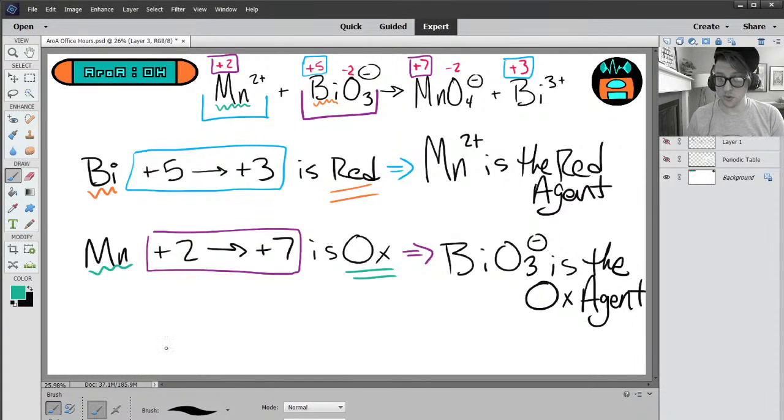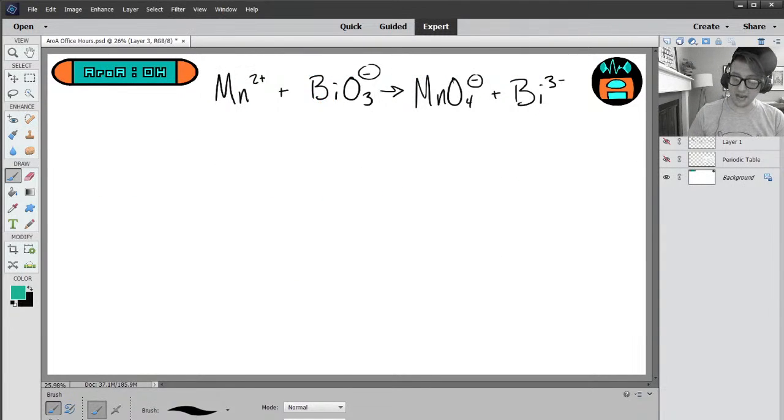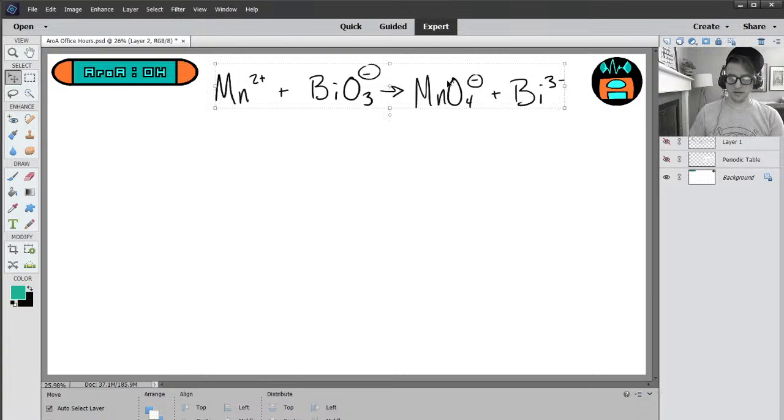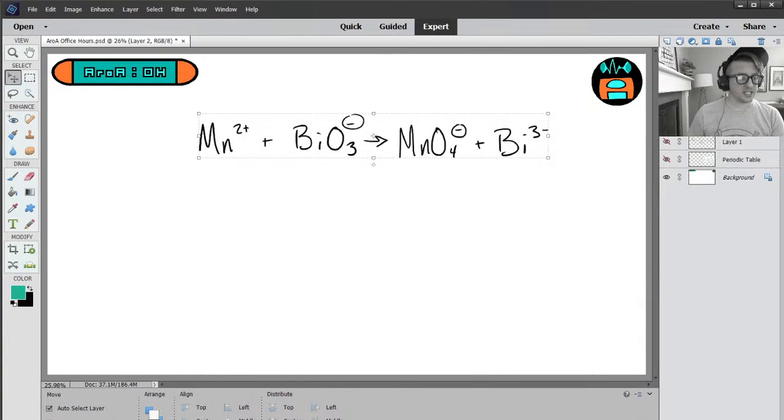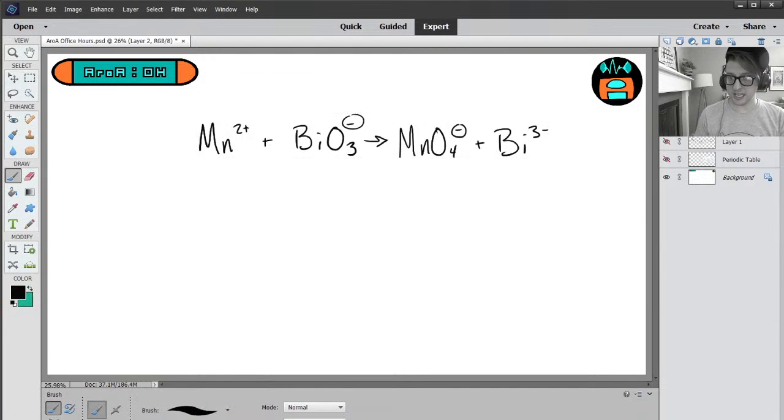We also need to be able to balance these things, and that will require us to follow the half reaction method. Just by way of reminder, the half reaction method has five steps. Step 1, you have to split your reaction into 2 half reactions.